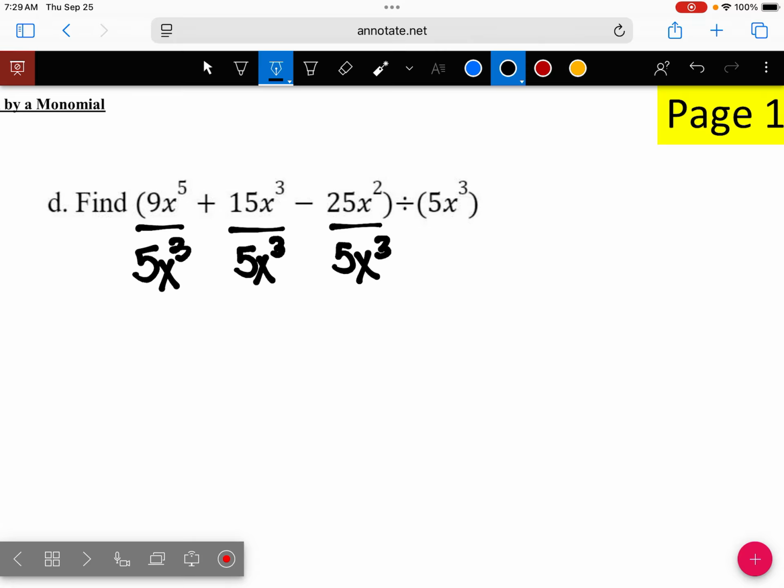So let's start with the first one. Can you divide 9 by 5? No, so we're just going to leave that the same. It's just going to stay 9 over 5. Because we can't divide it.